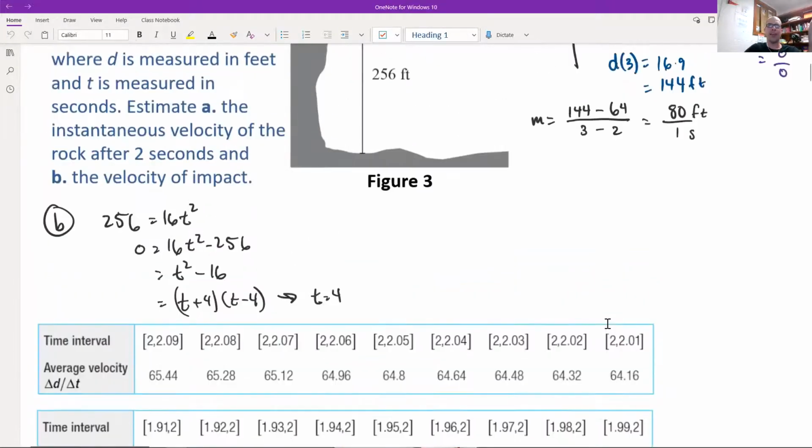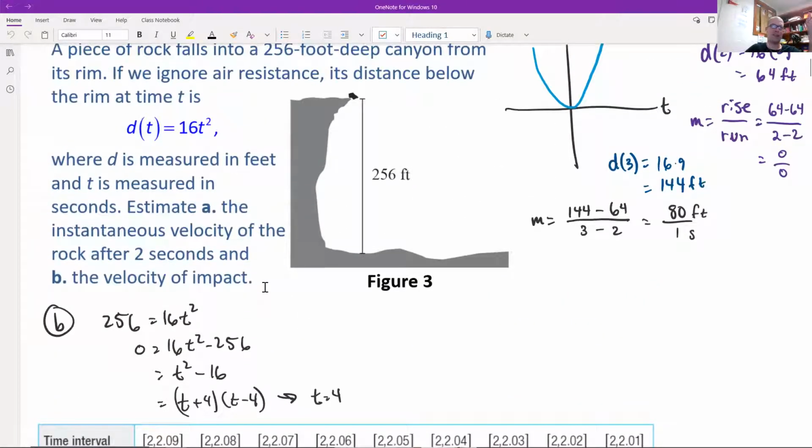Okay. And for part B here, I think I've spent too much time on this problem. At the velocity of impact, all you would need to do is think about, okay, when has the distance traveled been 256? We subtract that from both sides, divide by 16, factor, and that would be at t equals 4.